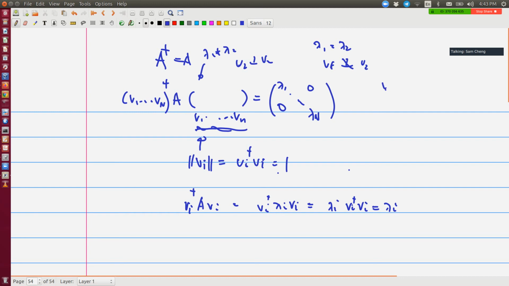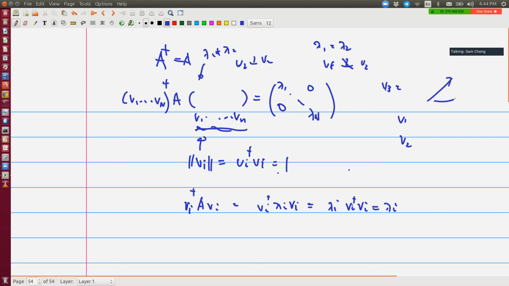I can construct, let's say, v3. How do I do it? Basically the Gram-Schmidt process. I have v1 and I have v2, which is not perpendicular to v1.